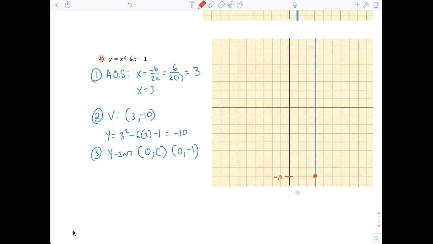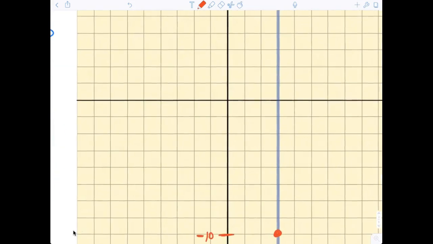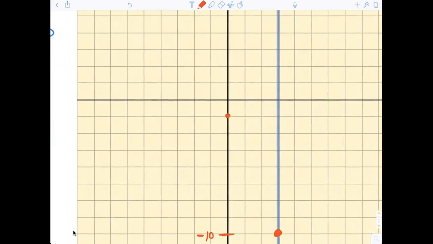Then the y-intercept is what? 0, negative 1. So you plot the point 0, negative 1. It might be a good idea to put negative 1 right next to that. After you do that, I count to the axis of symmetry.